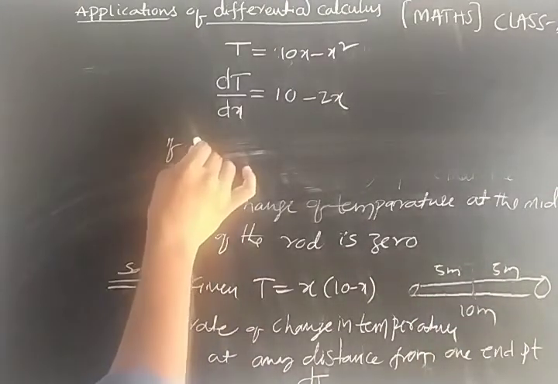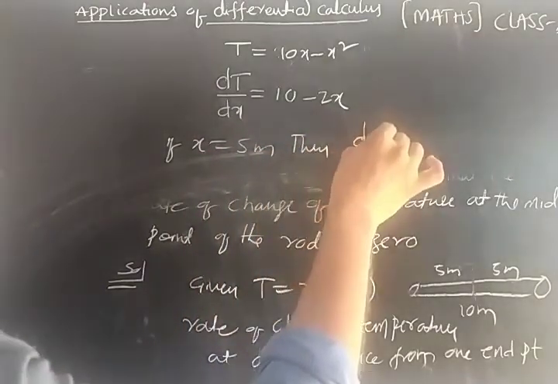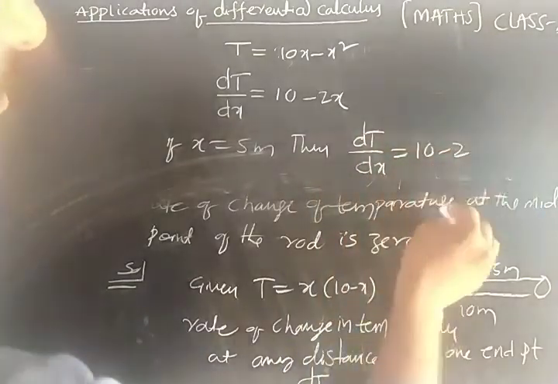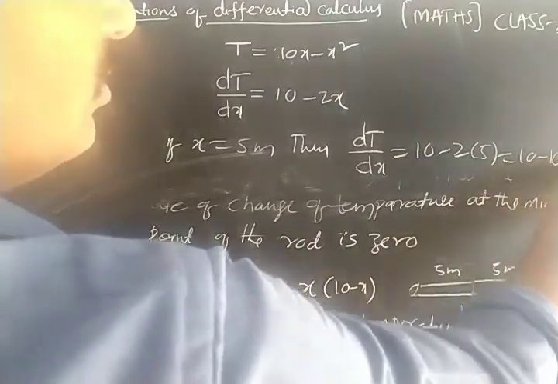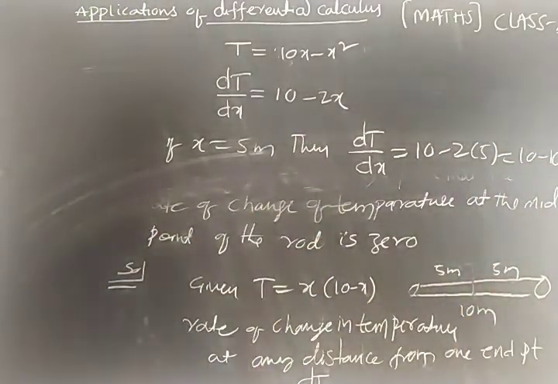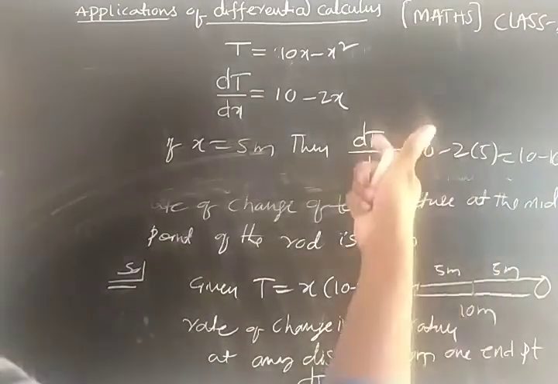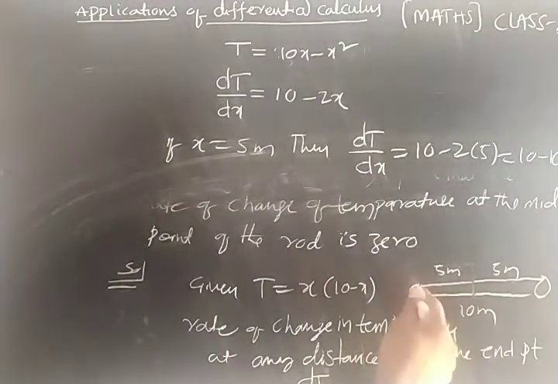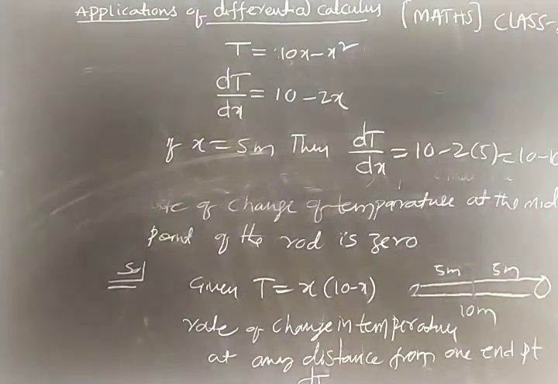So if x is equal to 5 meters, then dT by dx equals 10 minus, substituting 5 in place of x, 10 minus 10, which is 0. So we got dT by dx equals 0 when the length is 5 meters from the left hand end to the midpoint, or from the right hand end to the midpoint. This is the first question.